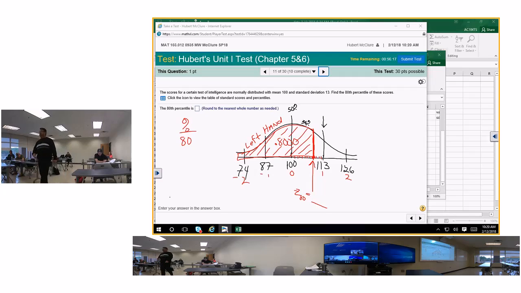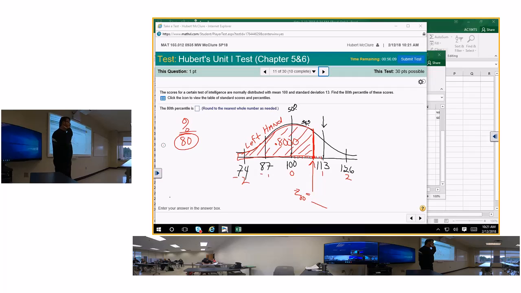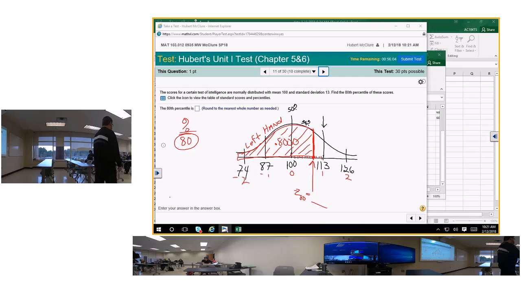So somebody find the number that's closest to 80% on the Z table. What is it? 80.23. Well, where's 80?